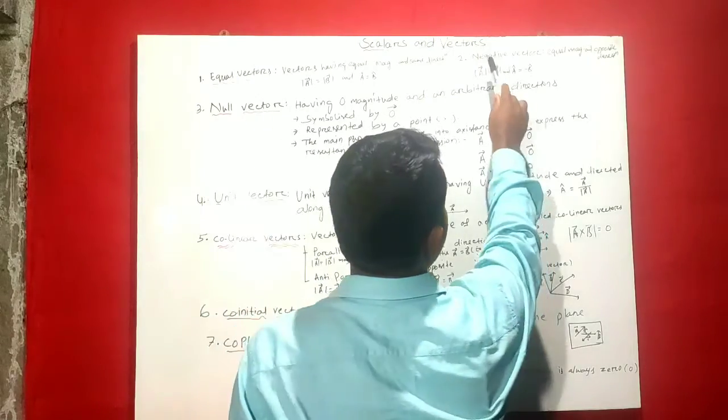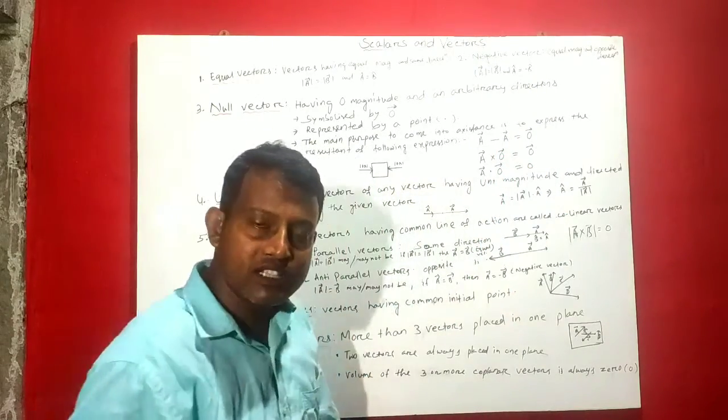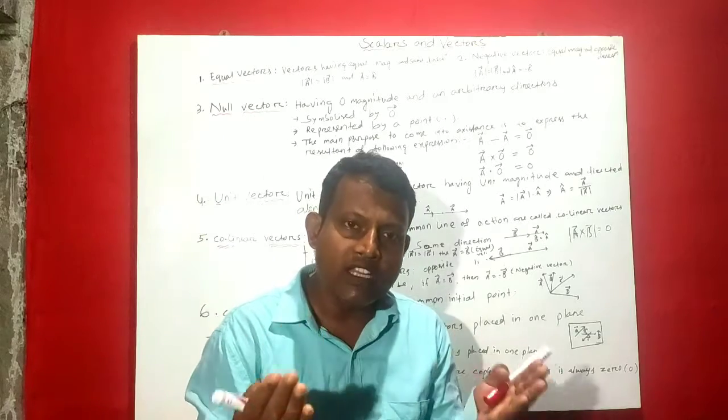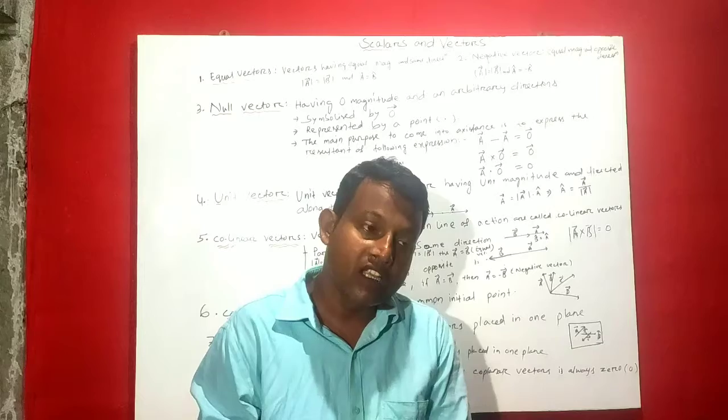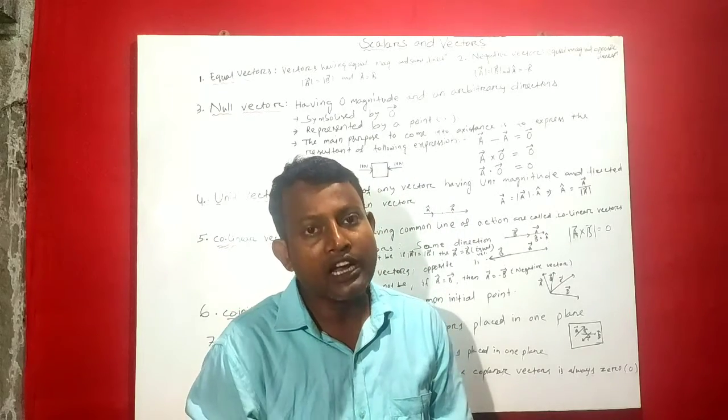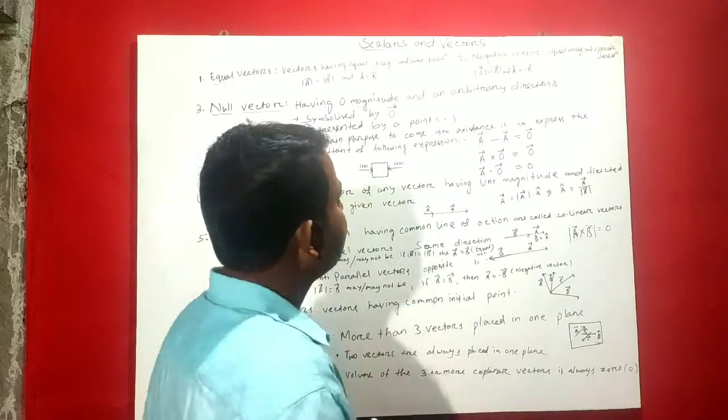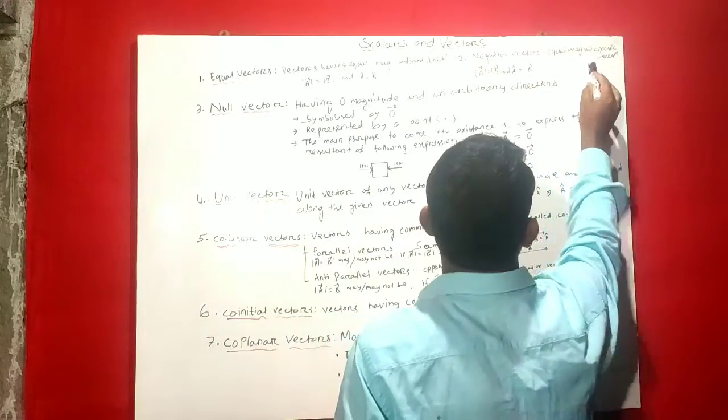Next is negative vectors. Negative vectors are equal in magnitude but opposite in direction. The vectors having equal magnitude and opposite direction are called negative vectors.